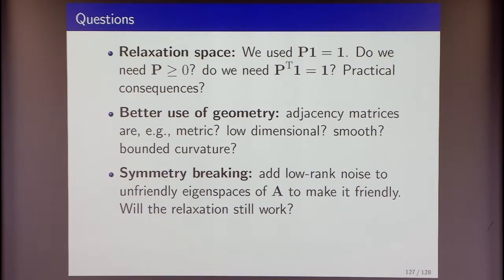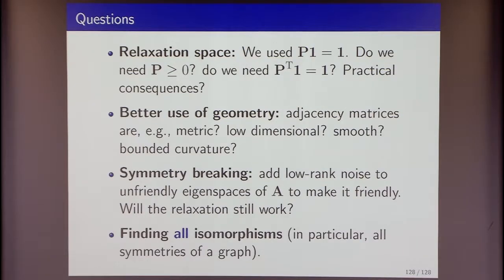Because it looks like, at least from empirical evidence, that despite the theoretical complexity, these problems are not so hard. So can we make some theoretical guarantees by modifying the problem a little bit and making them necessarily simple? And then another problem that is very interesting for some practical applications is not finding just one of the isomorphisms, but enumerating and finding all of them.